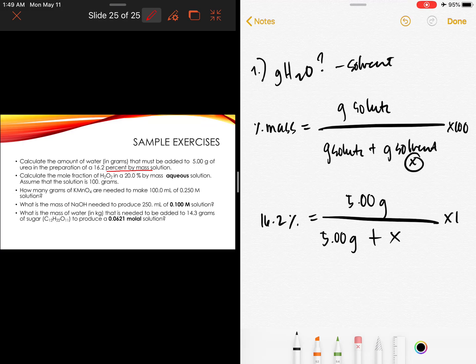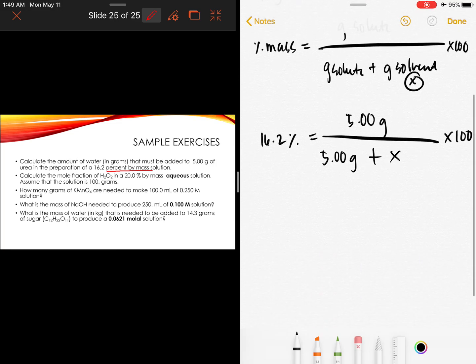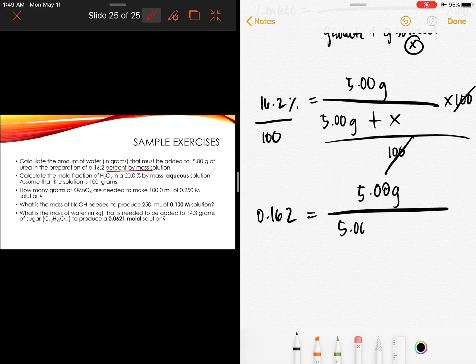So x times 100. So the first thing that you can do here is remove the percent. And you can do that by dividing both sides by 100. So if you divide both sides by 100, 16.2 divided by 100, that is 0.162. This will cancel. So 5 grams over 5 grams plus x.